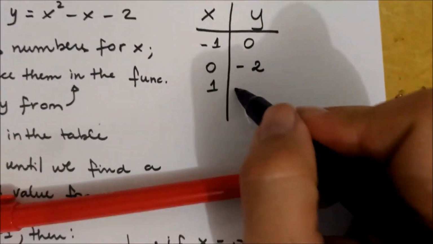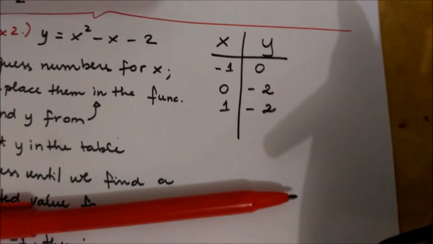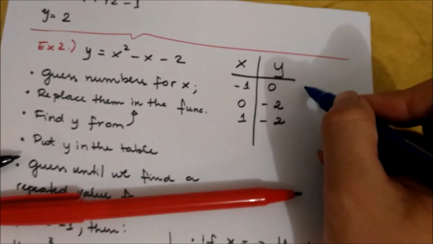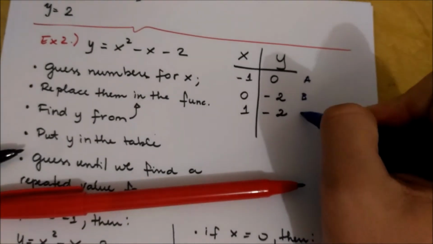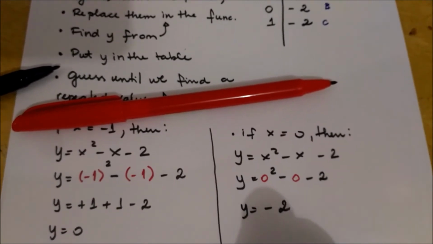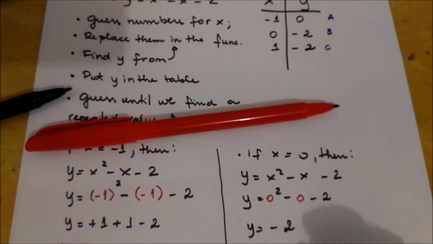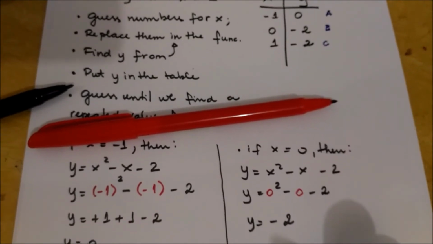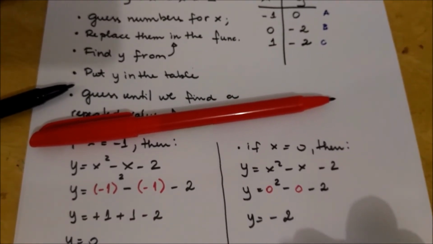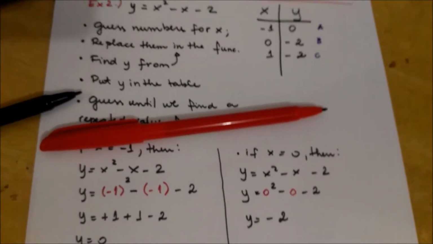So, luckily, we already found a repeated y, so we don't need to move any further. Okay? Now, let's write these as ordered pairs. There's going to be A, B, and C. So, A is -1 and 0. B is 0, -2. C is 1 and -2.